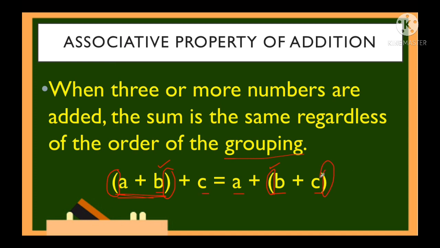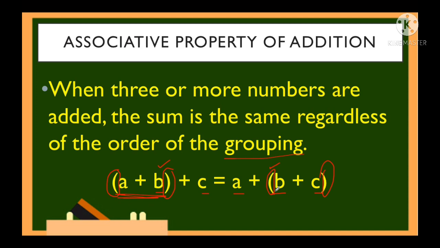So in associative property, if we group the first two numbers, that means we add first the first two numbers, and then add it to the third number, it is still the same if we partner the second and third number and the sum of those two is added to the first number. Is it hard to understand?